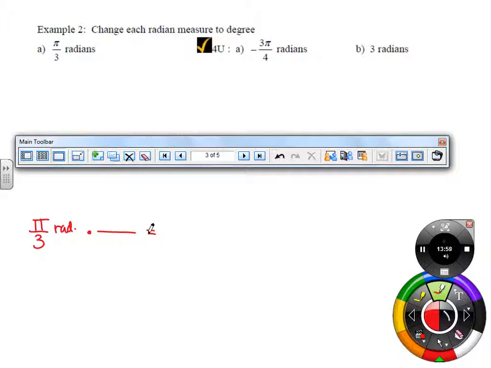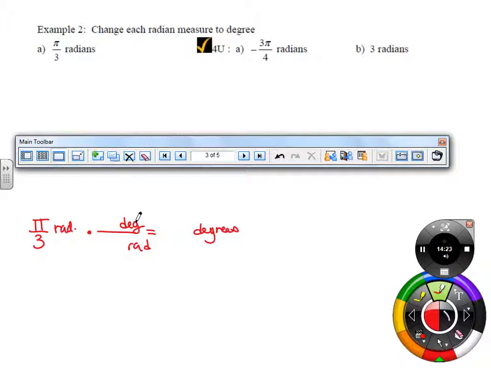Okay, and we want to end up with degrees. Which means when I multiply here by 1, I want the units of radians to cancel out. And I want to end up with a unit of degrees. So this is going to allow the radians to cancel out. And I'm going to do multiplication and end up with degrees.